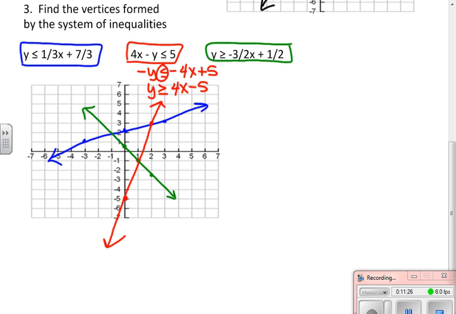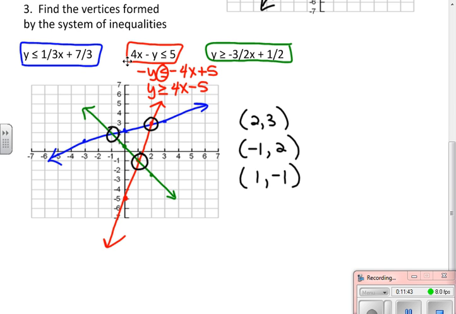And so the vertices that we are after are those right there. And so my vertices are (2, 3), (-1, 2), and (1, -1). I could have done the shading, and what would have happened is I would have ended up with this region being shaded also, so that is also a nice little touch.